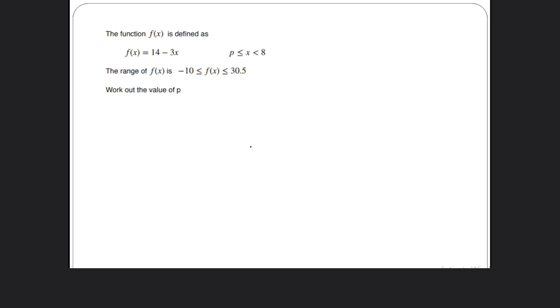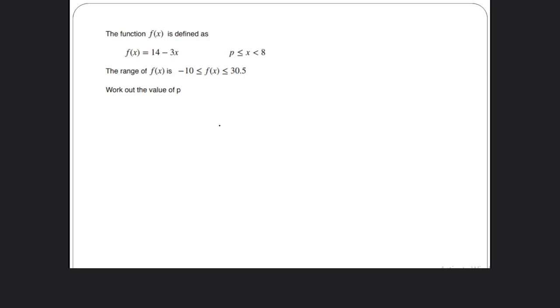So we have to work out the value of p. Can you understand the question? They provided the range and the upper bound of the domain, but we have to find the lower bound of the domain for the function 14 minus 3x.